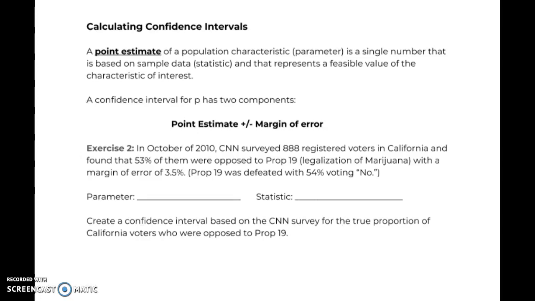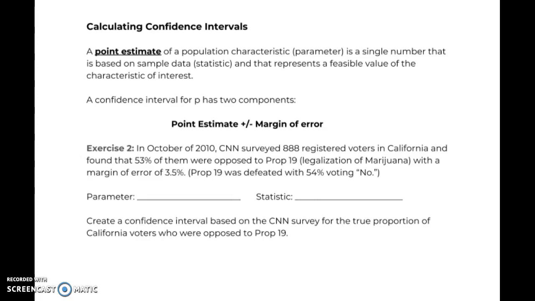Our starting point is our sample proportion, which we also call our point estimate. So if you take a sample and let's say 40% of the students in your sample own a car, you would say, hey, my best guess for all the students at Mesa College would be that 40% of the students own a car based on my sample proportion I got.